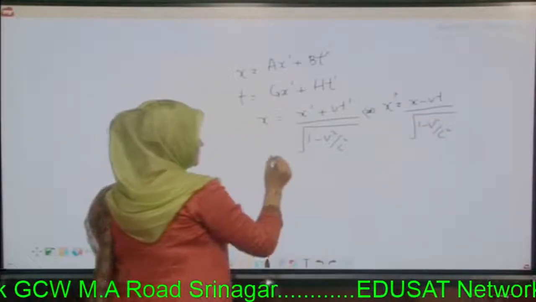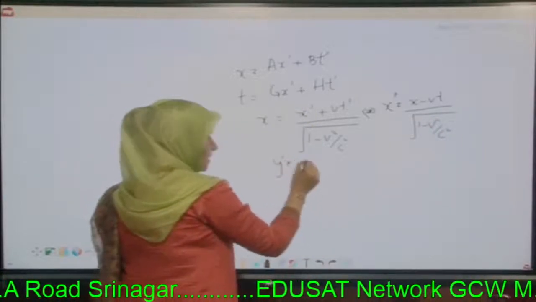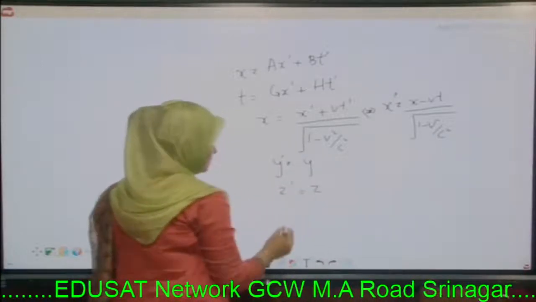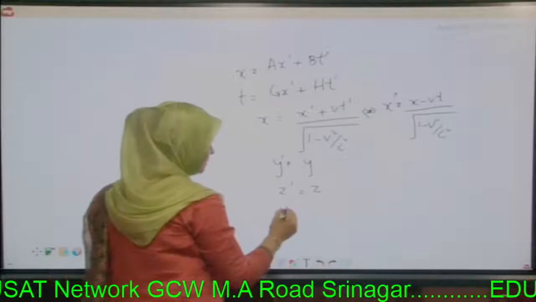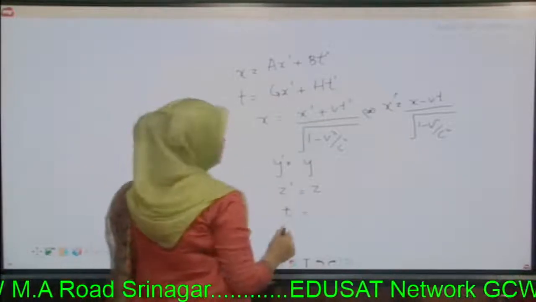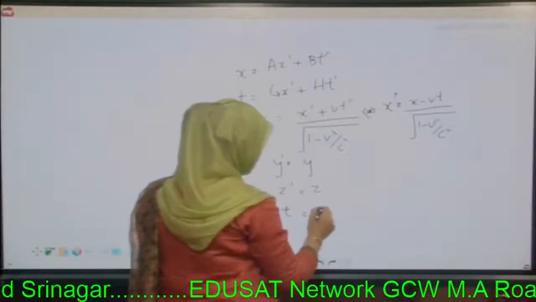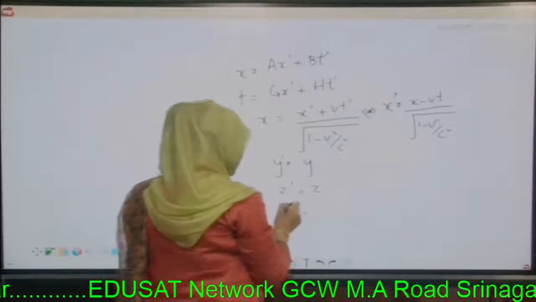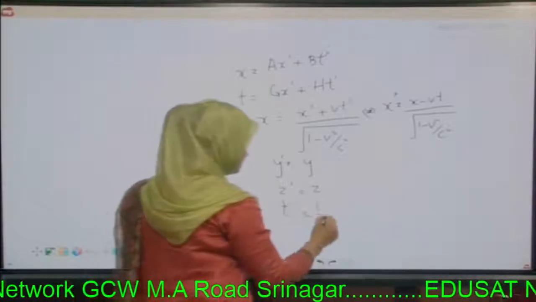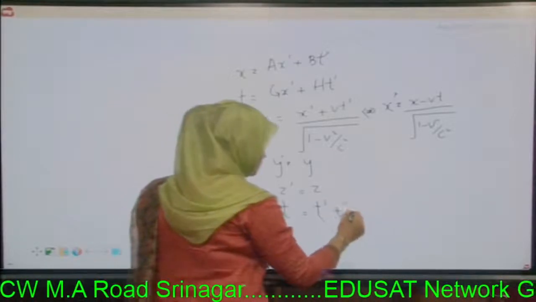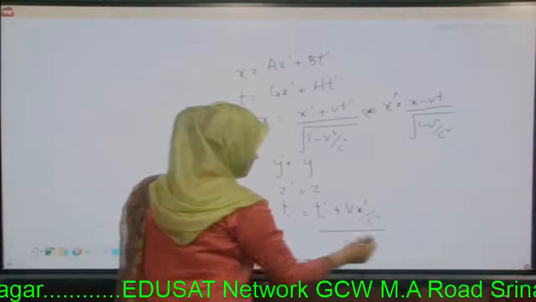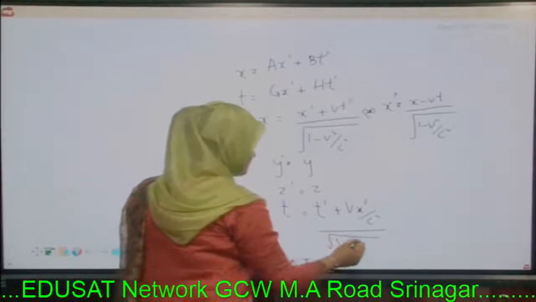The other result that you will obtain is y dash is equal to y, that is understood, and z dash is equal to z. And you will also obtain, once you substitute the value of g and h, that t is equal to t dash plus vx dash by c square divided by 1 minus v square by c square.